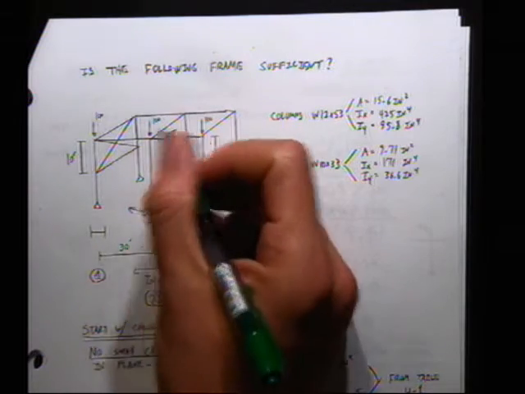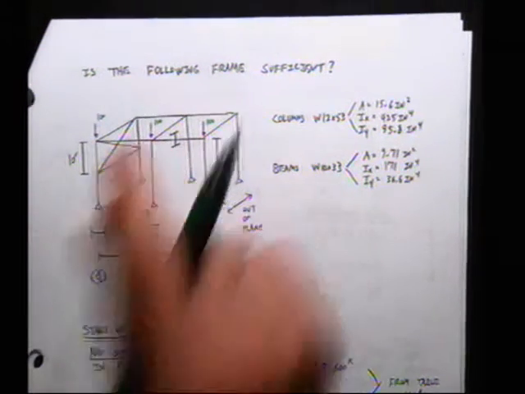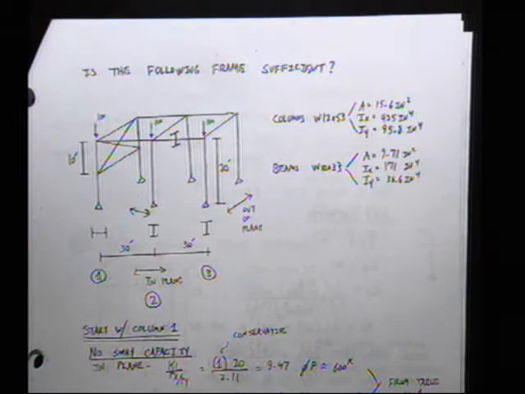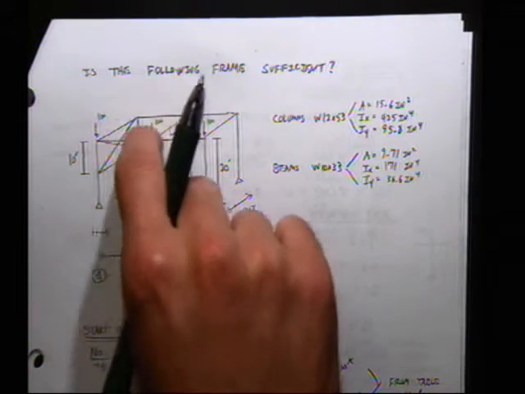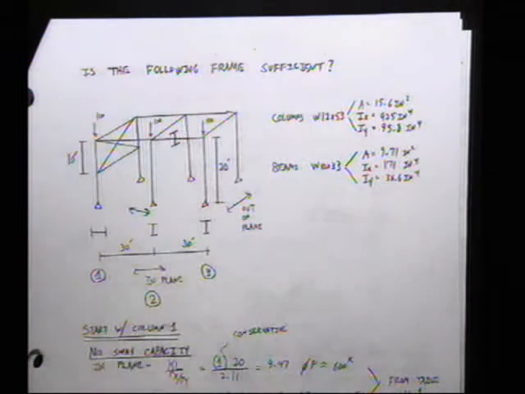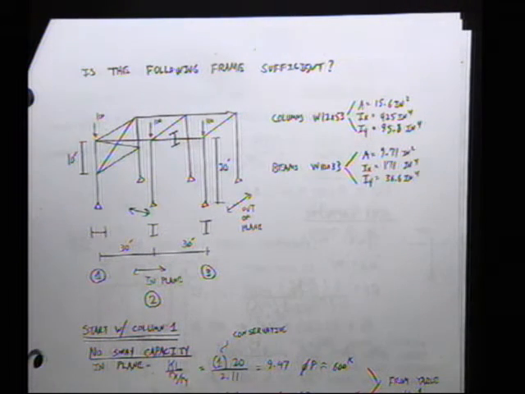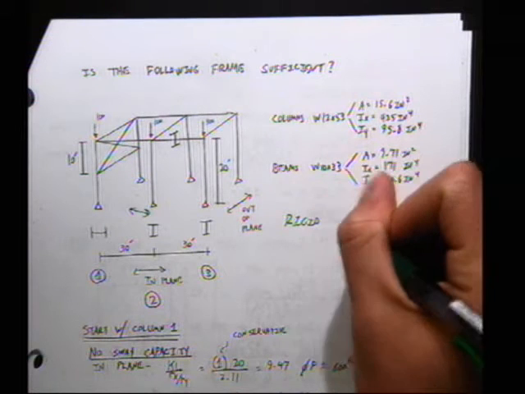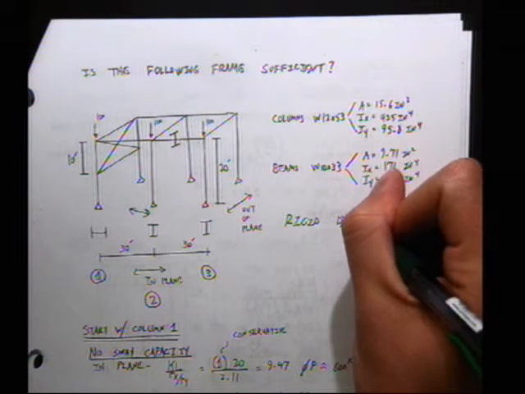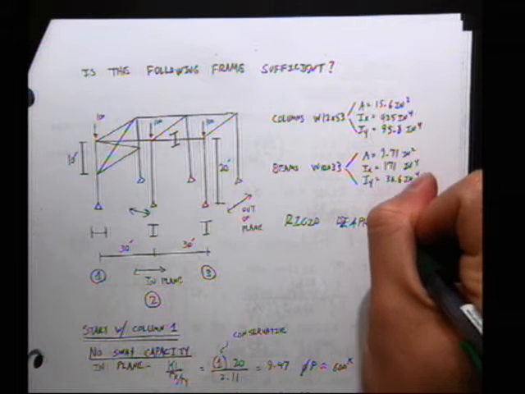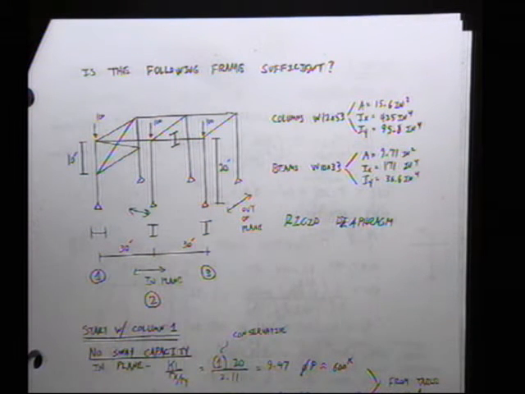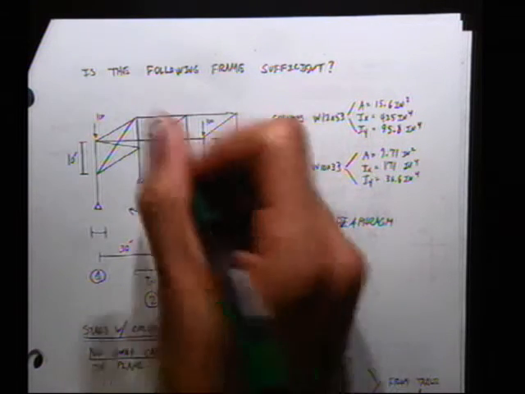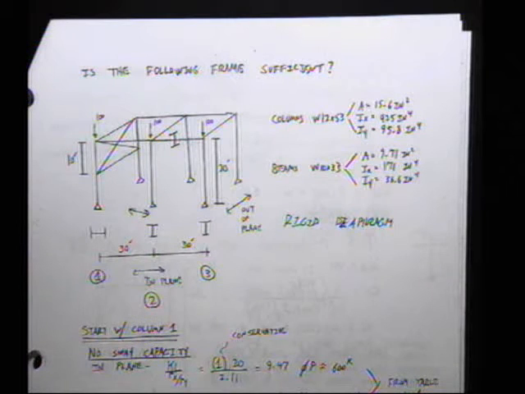If we overload this front frame, for it to lean over, it won't be able to unless the back frame leans over as well. Does that make sense? So if we have a rigid diaphragm, then when you look at failure, you have to look at the contribution from the front frame and the back frame in a certain direction.